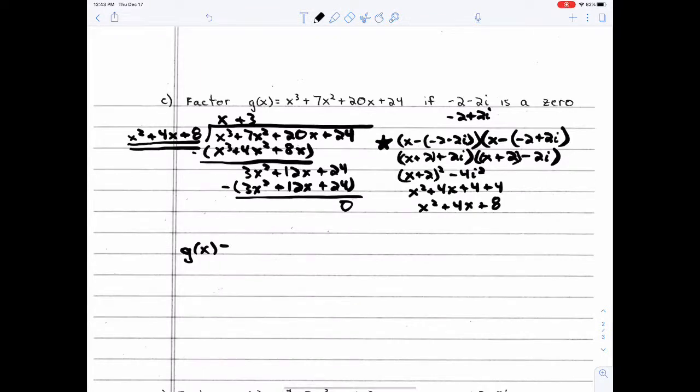So I'm going to write the divisor, and the divisor is x minus negative 2 minus 2i times x minus negative 2 plus 2i. That's the divisor. What's the quotient? x plus 3.